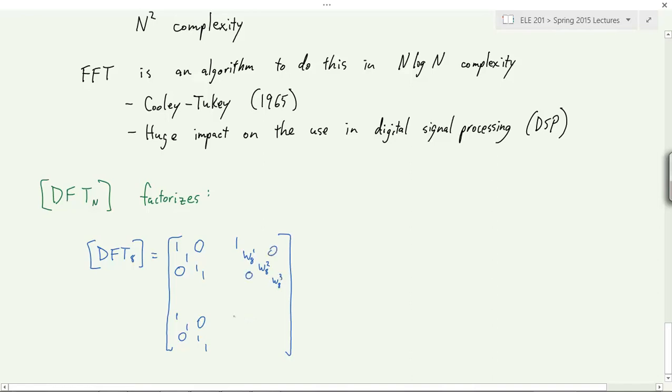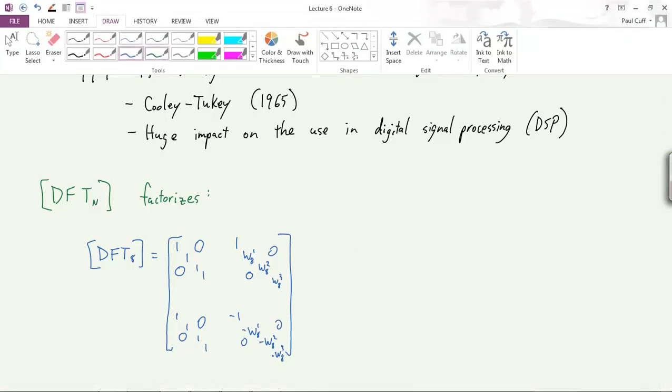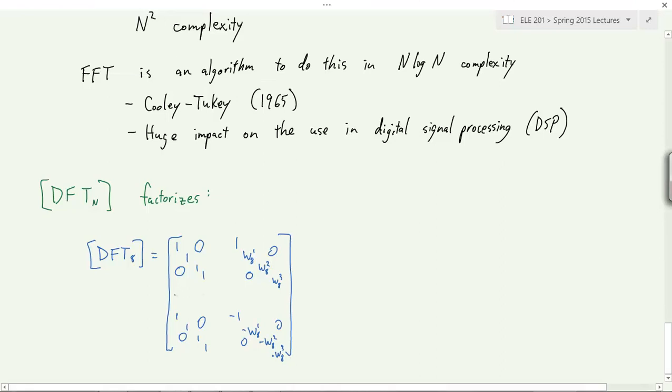And down here, okay, so we've got the first part of this factorization. I'll put little lines here to represent its collection of 4 different simple matrices.